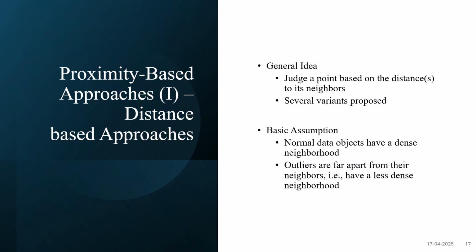For each object O, we can examine the number of other objects in the r-neighborhood of O. If most of the objects in dataset D are far from O, that is, not in the r-neighborhood of O, then O can be regarded as an outlier. The basic assumptions are normal data objects have a dense neighborhood. Outliers are far apart from their neighbors, which have a less dense neighborhood.